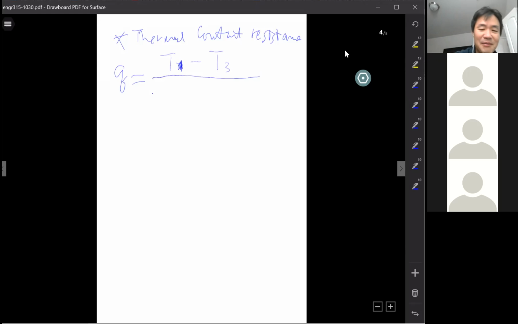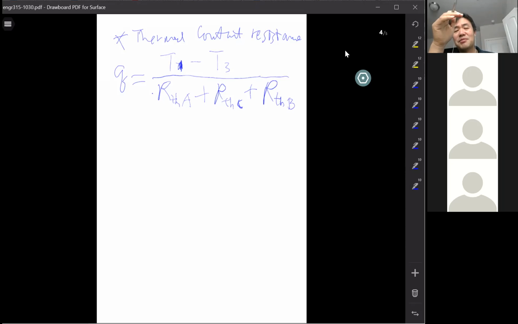Divided by what? You have three items, right? The thermal resistance of A, R_th of A, plus the thermal resistance of the contact, let's say C, plus the thermal resistance of B. I want you to really 100% memorize this.